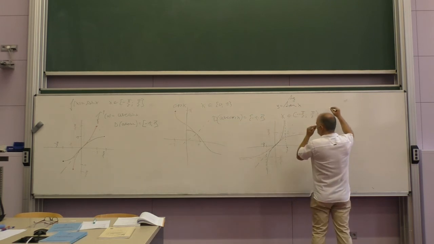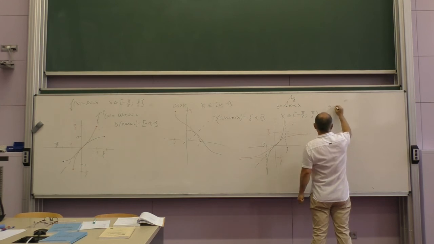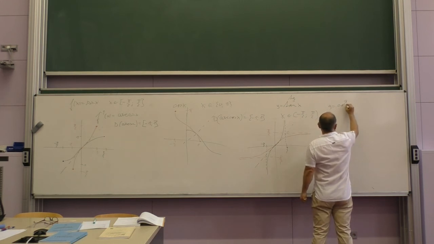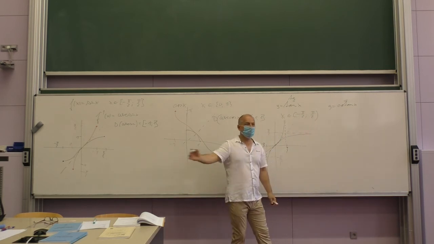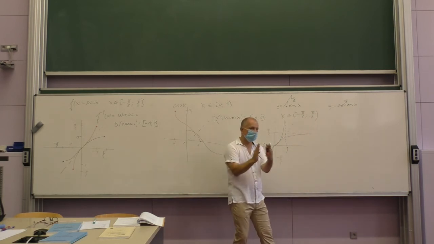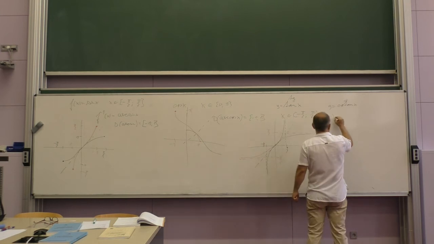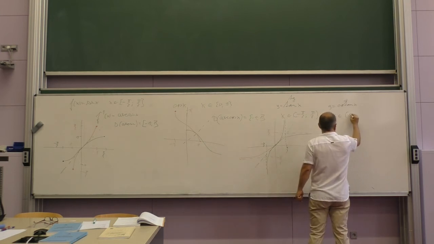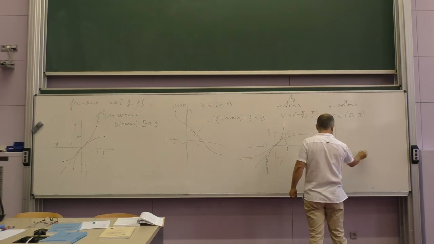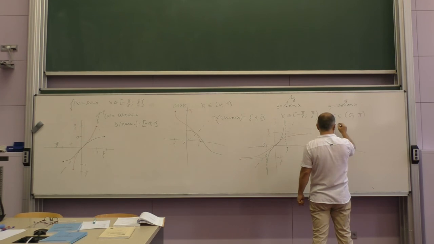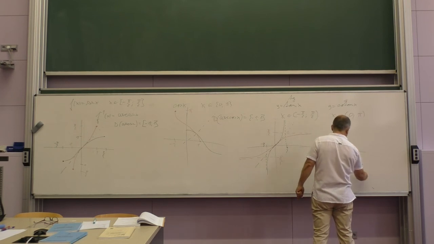Well, and finally, for the function cotangent, again, this function is not injective, it has no inverse, so we restrict the domain of definition this time to x from the open interval 0 pi, which looks like that.